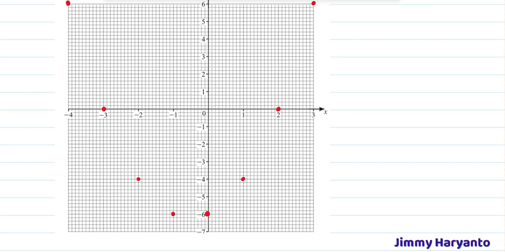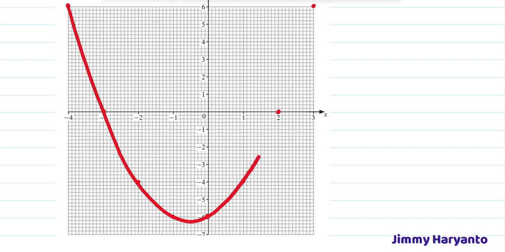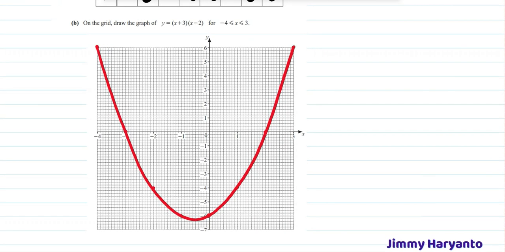Okay, let's connect them. Like that. Okay, so this is our curve.